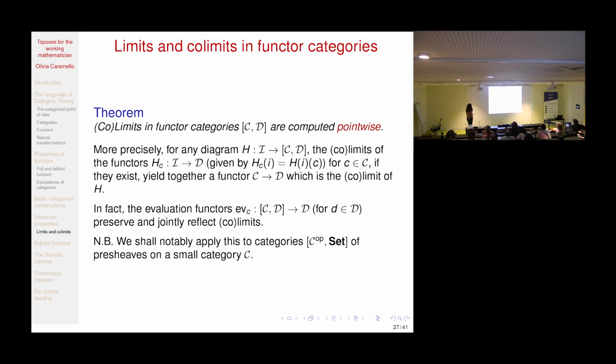Now, a functor category is related in a very natural way to the target category by means of evaluation functors, which are indexed by the objects of the source category.